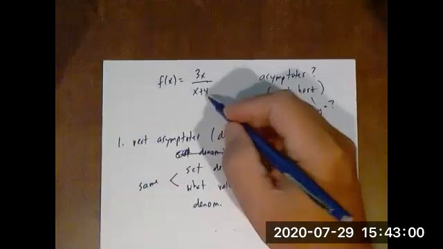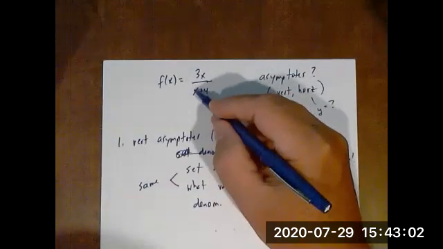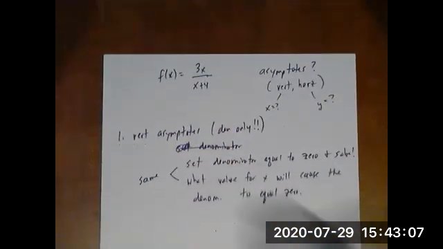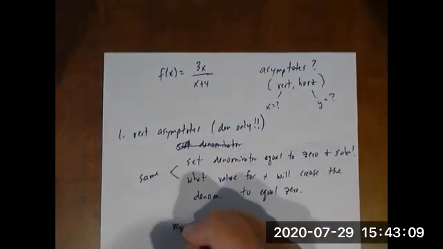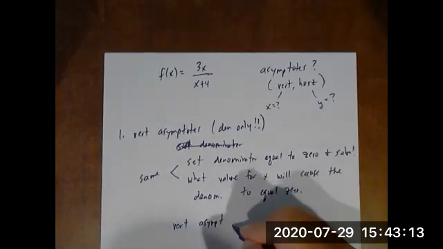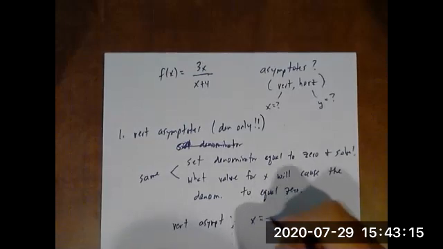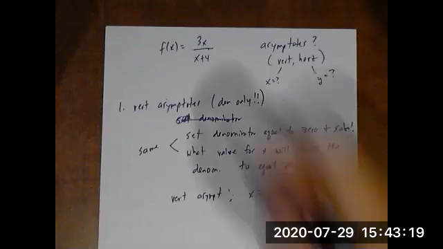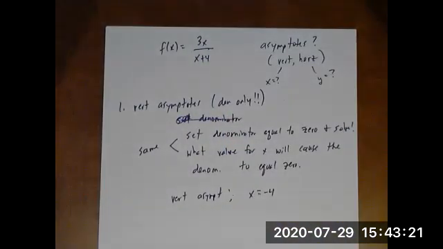So in this case, I say, well, what value of x would cause the denominator to equal 0? Obviously, if x is -4, then the denominator is going to be 0. There's my vertical asymptote.